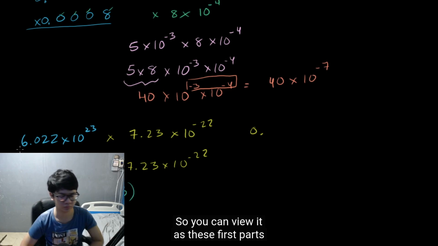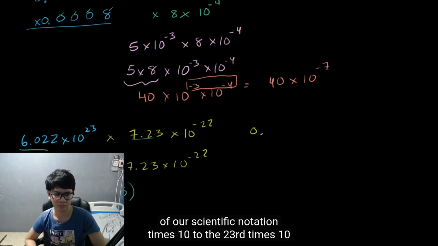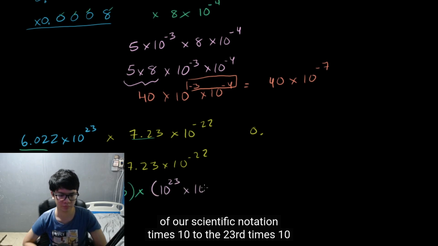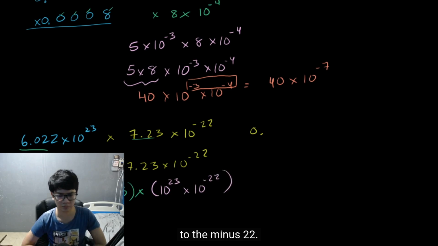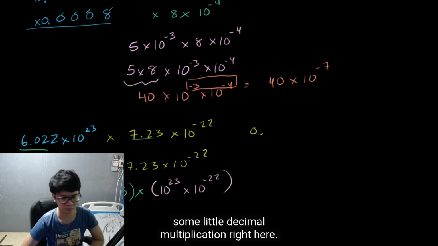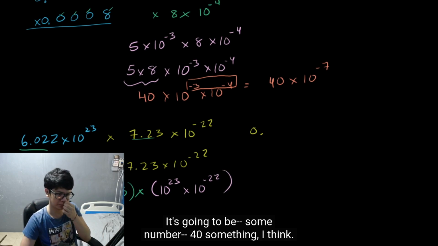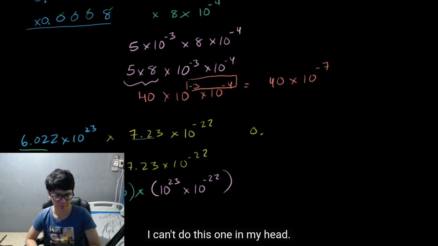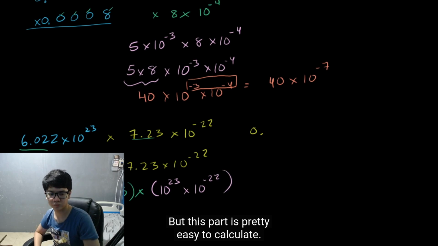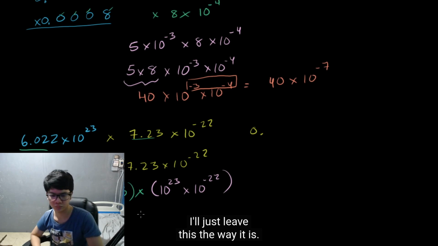That's the first part of our scientific notation, times 10 to the 23rd times 10 to the minus 22. Now, you're going to do some decimal multiplication right here. It's going to be some number, 40 something, I think. I can't do this one in my head. But this part is pretty easy to calculate. I'll just leave this the way it is.